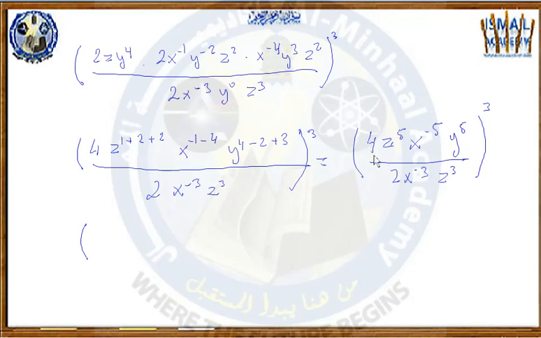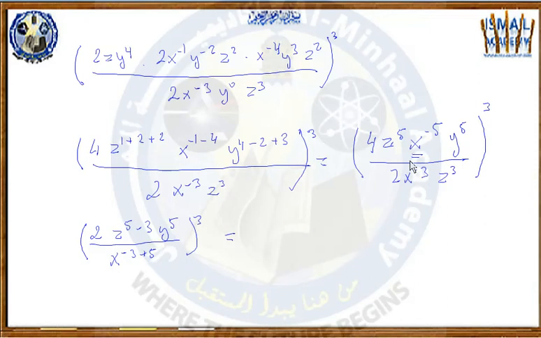And we have 4 divided by 2 is what? 2. Then I will have z to the 5, minus 3, y to the 5, over x to the minus 3 plus 5, and the whole thing is cubed. Do you see the idea? This is 5 plus 5, because the x here has exponent minus 5.